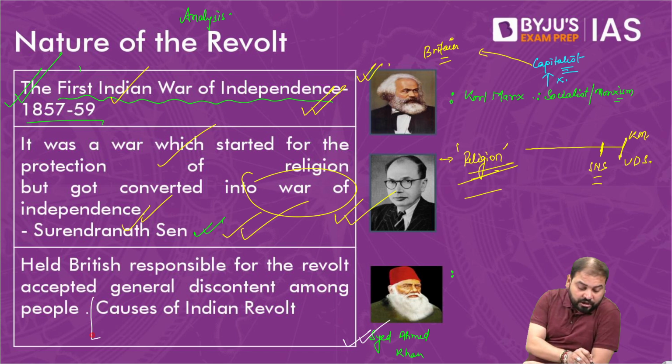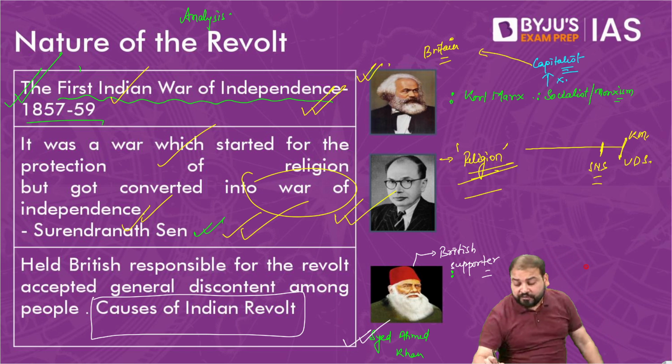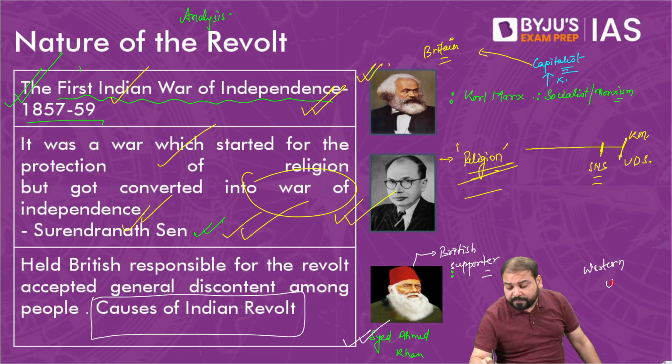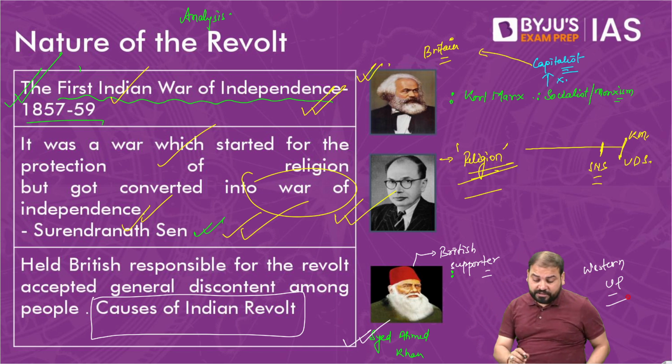Then comes your Sayyid Ahmad Khan. He wrote a book, a pamphlet. He was a British supporter about whom we have already studied in socio-religious reform movement. At the time of the 1857 revolt, he was in Western Uttar Pradesh working for the British government. Guys, later he was given the title of Sir Sayyid Ahmad Khan.